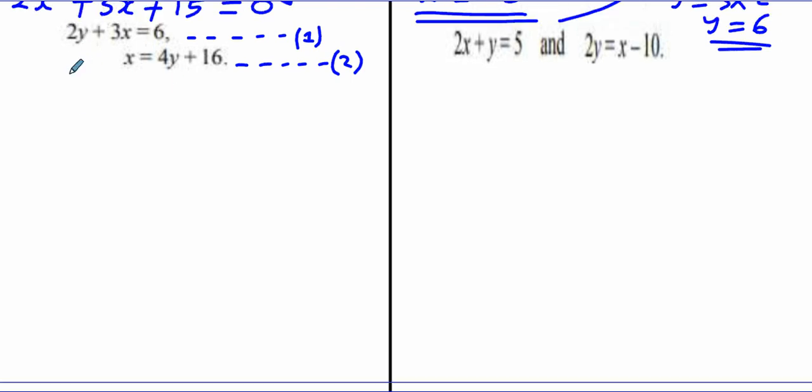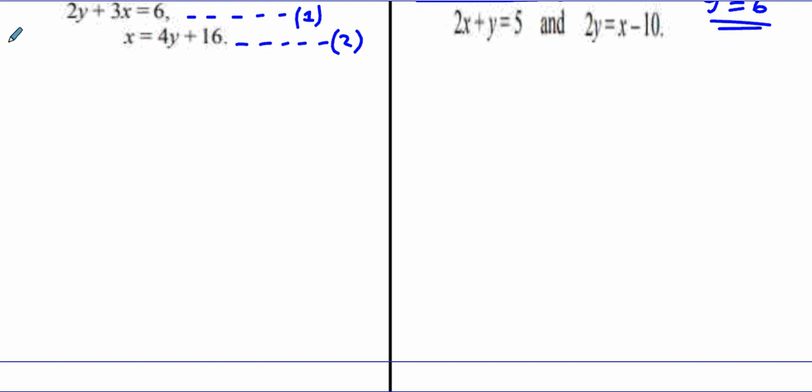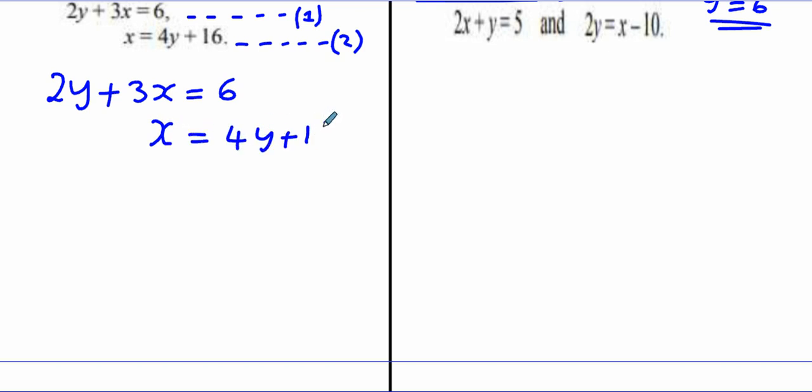You find that here we have equation 1, we have 2y plus 3x equals 6. And equation number 2, we have x equals 4y plus 16.